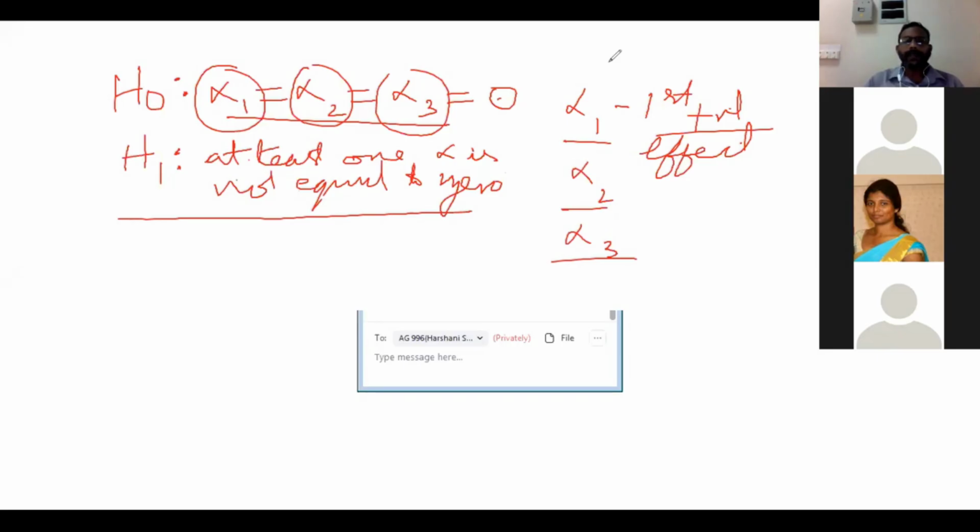Somebody asked, is the mean square error correct? You are the ones giving me the answers. I don't have a calculator, so you will have to use the calculator and tell me. It will be 0.066.